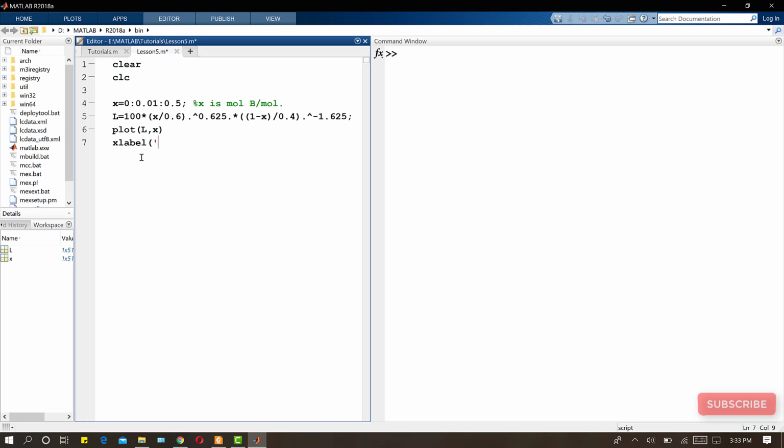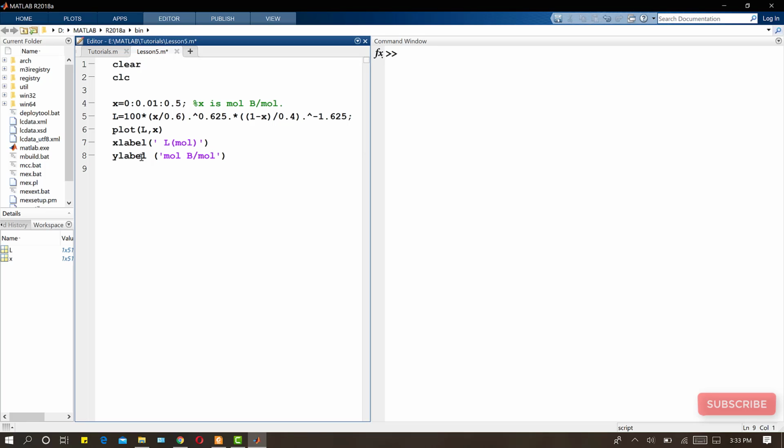Let's suppose xlabel is L in moles, and then ylabel is mole of benzene per mole.